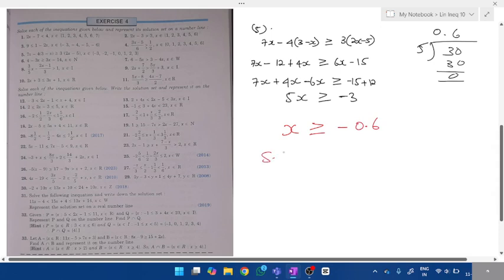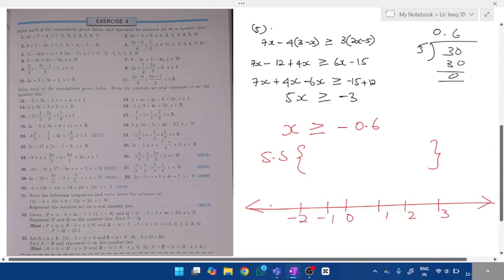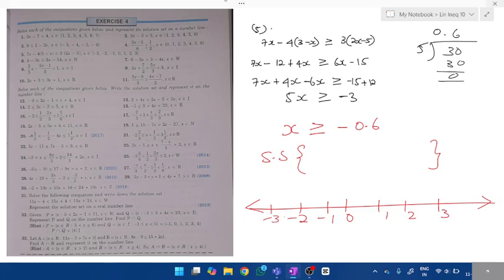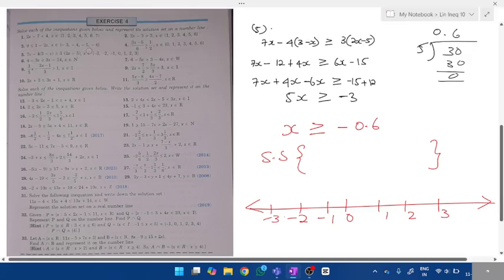What is the solution set? Naomi, what is the answer for the solution set? Greater than minus 0.6. Okay, Ivania answered this. Minus 0.6 is given, Ivania.